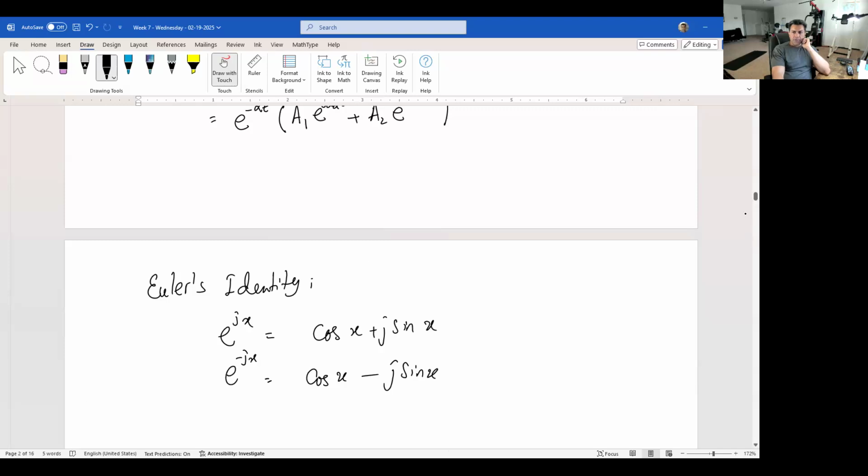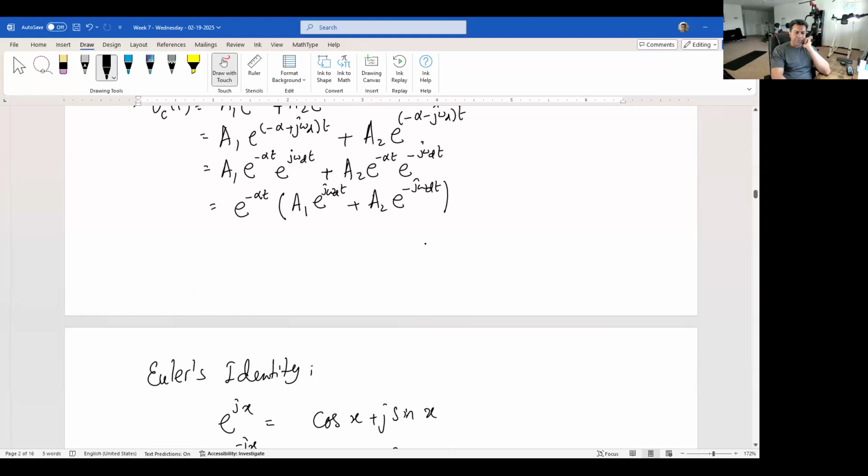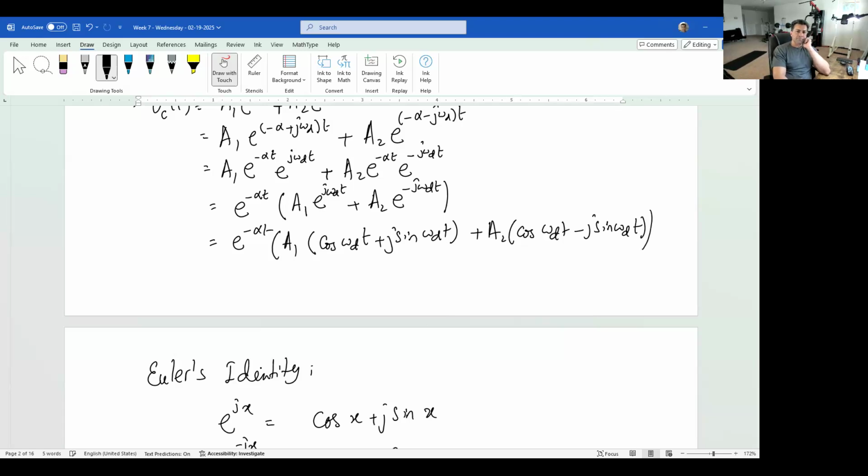So if we apply Euler's identity to the exponential terms here, we can write this down: e to the power negative alpha t times A1 (cosine omega d t plus j sine omega d t) plus A2 (cosine omega d t minus j sine omega d t). Now I'm going to take the common terms, cosine omega d t.